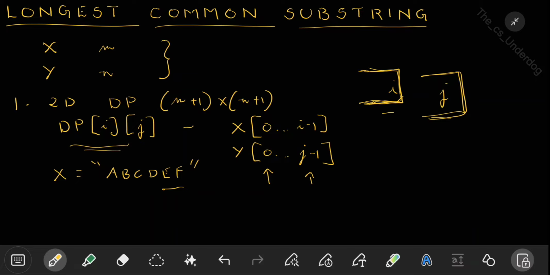This is the point. So what will it tell me at this point? At this point, it will tell me that if from string x I consider all letters till the ith letter, and from string y I consider all letters till the jth letter, if the ith letter and jth letter are equal, in that case, what is the largest suffix possible? This is what I'll represent as dp[i][j].